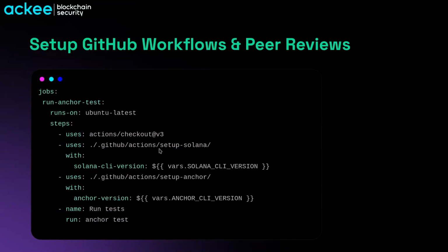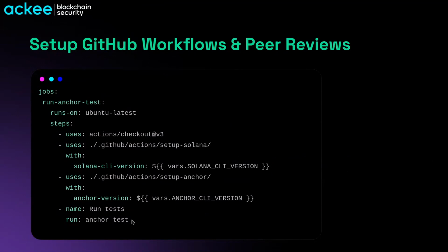Then you set up Solana with some specific version. Here I have a script for that. This is just an environment variable where you can set the version of Solana that you would like to use. Then you have to set up Anchor, again with a specific version. And once you have that, you can just execute the anchor test command.